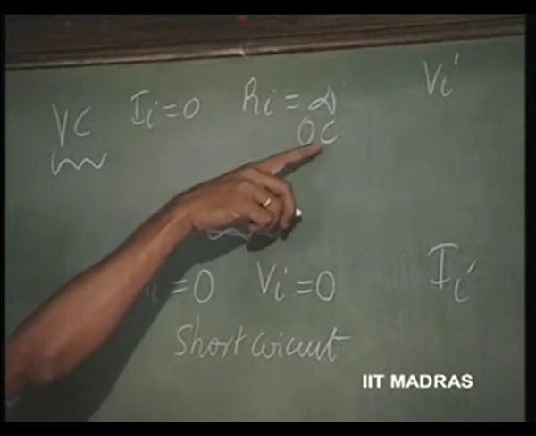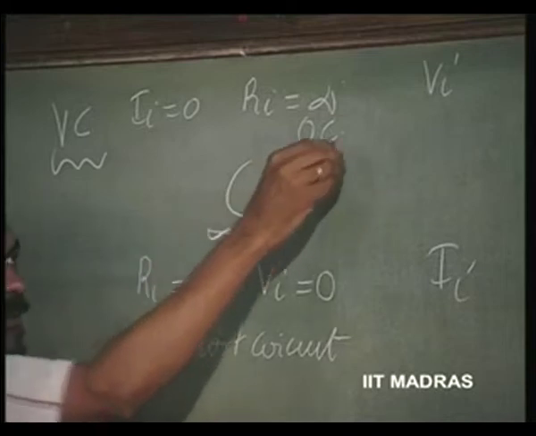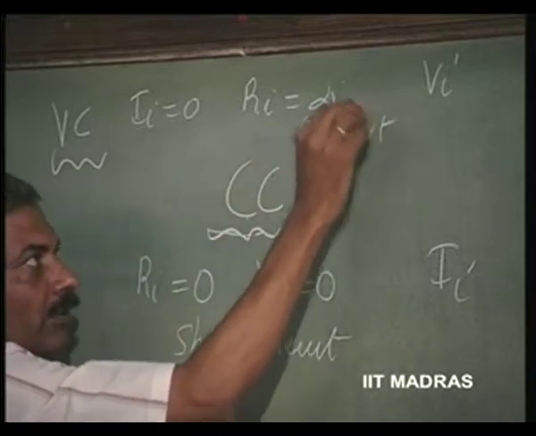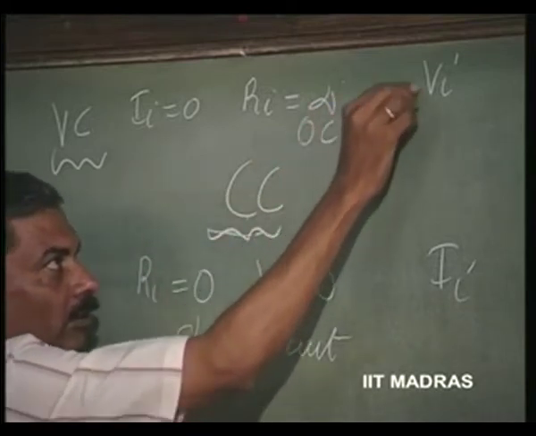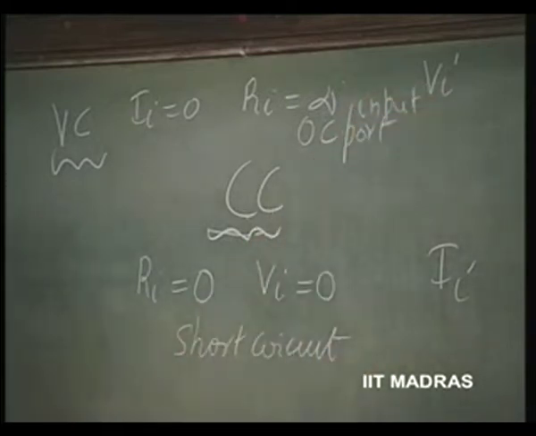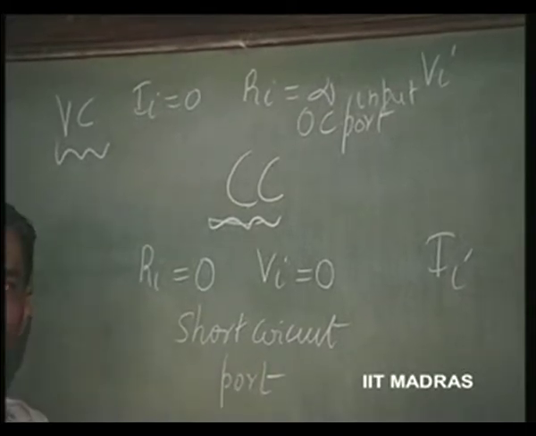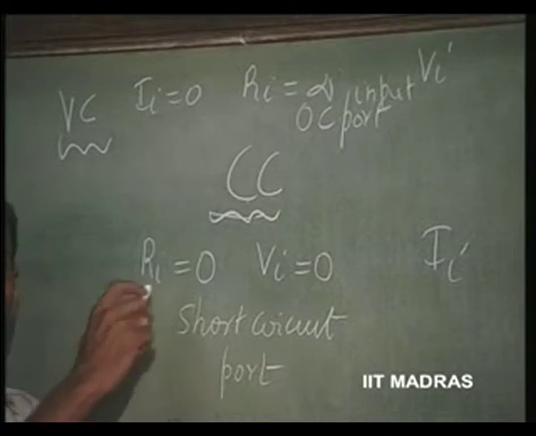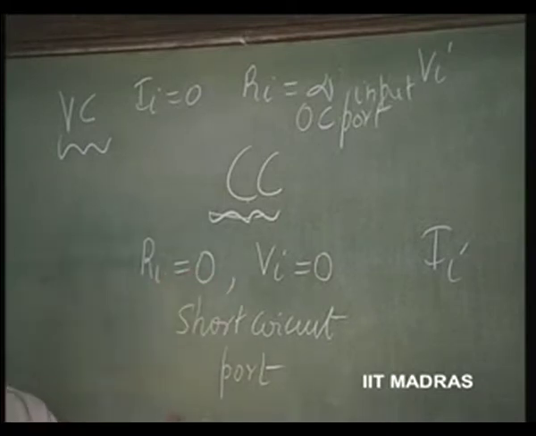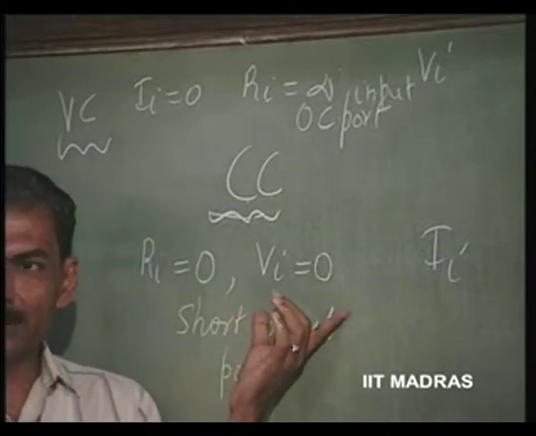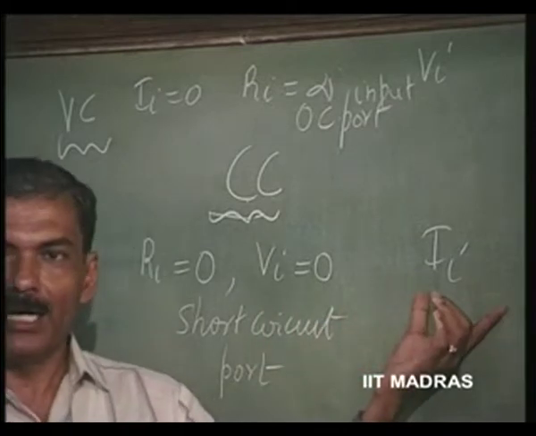We called it open circuit at the input port, and it was getting controlled by Vi. Now, this is a short circuit port. Ri is equal to 0. Consequently, Vi is equal to 0, and it is controlled by II.